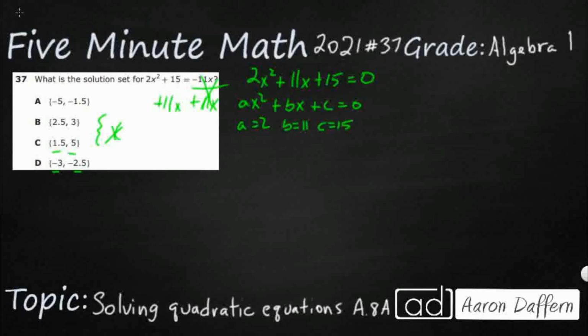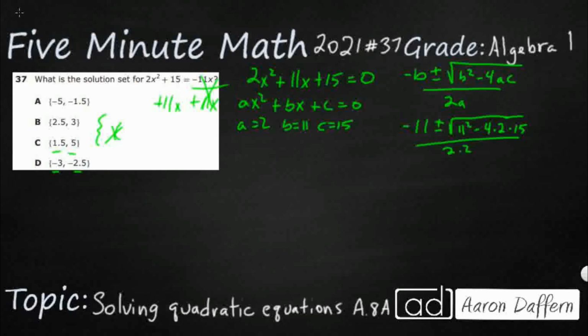So we will say it's going to be negative b plus or minus square root of b squared minus 4ac, over 2a. So let's just plug in our terms. Negative b is going to be negative 11 plus or minus square root of 11 squared minus 4 times 2, that's a, times 15, that's c, over 2 times 2.